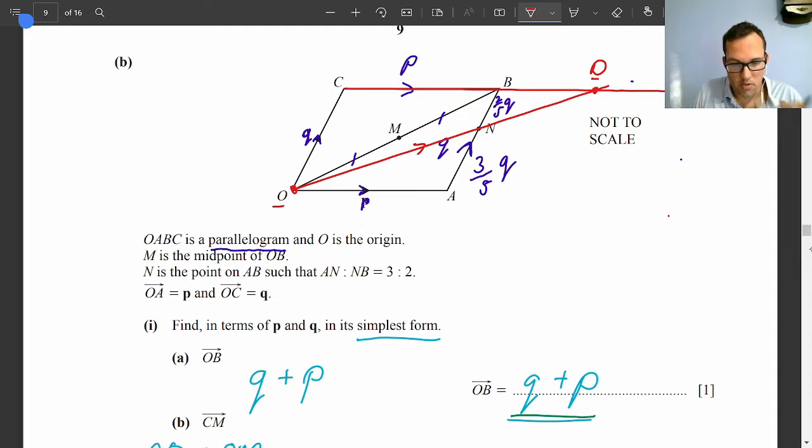Okay, the best way I think for me to explain this is using a similar triangle. So I'm going to redraw that triangle, which I now have in red. I'm going to draw that triangle again as neatly as I possibly can and on its side.